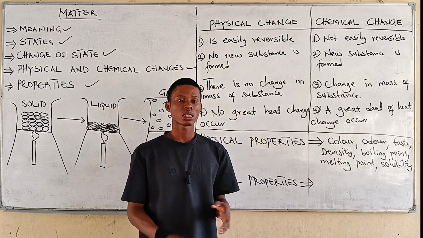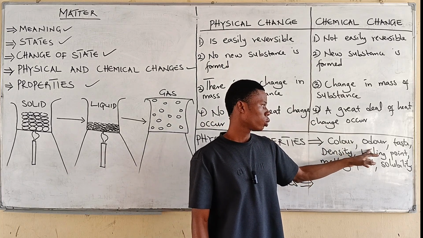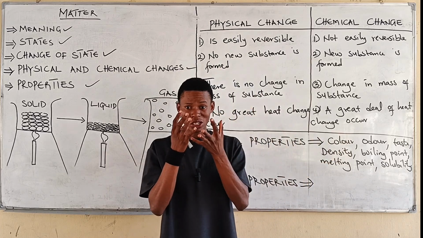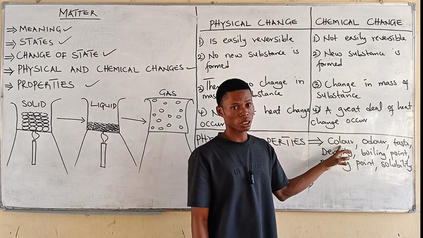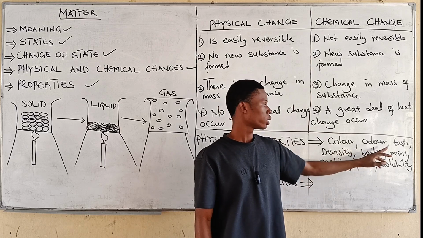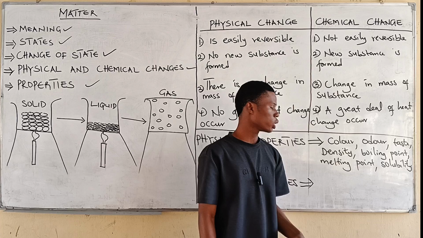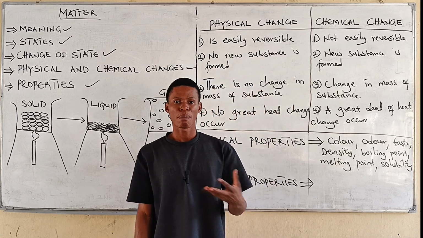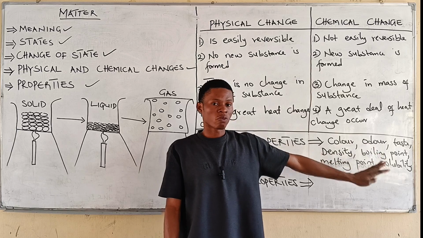Physical properties of matter, for example, color, odor, those things you can actually see, you can actually visualize. Color is a physical property of matter. Odor, taste, density, boiling point, melting point, solubility, hardness, malleability, all those are physical properties of matter.